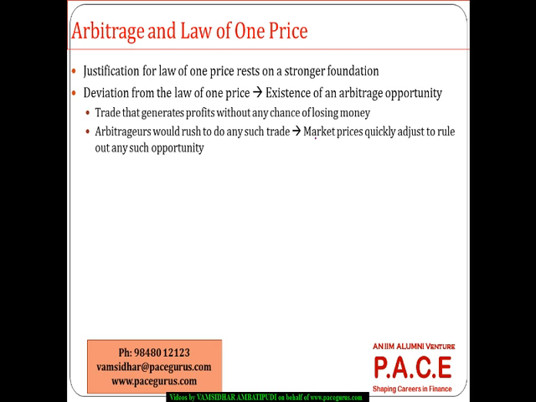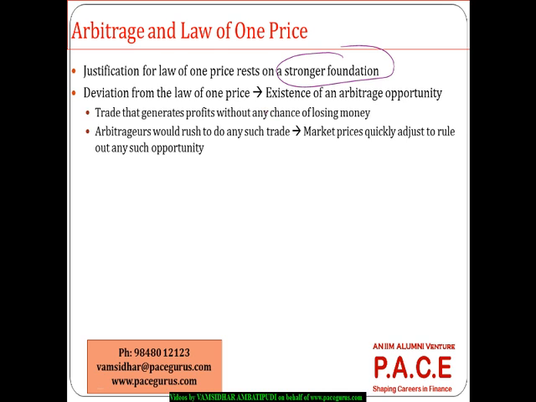Now, just to understand arbitrage, though we are talking of the law of one price, a strong foundation is required. There are a lot of deviations in general in the market, as we have seen in the example also. So the trades that generally happen are in the exploitation of this arbitrage opportunity.